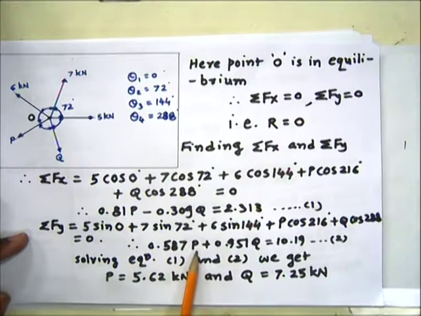Simplifying this we will get 0.587 P plus 0.951 Q is equal to 10.19, and this is equation 2.